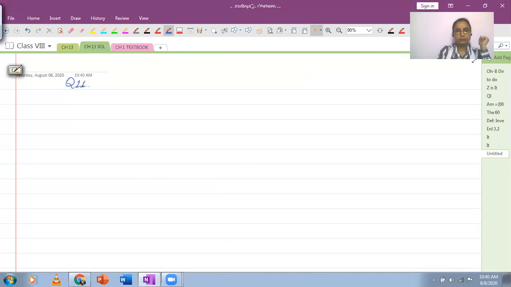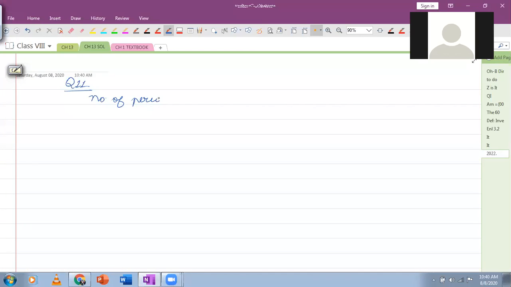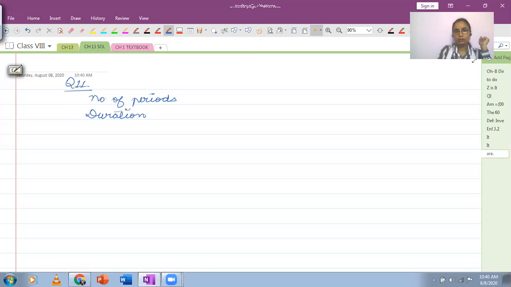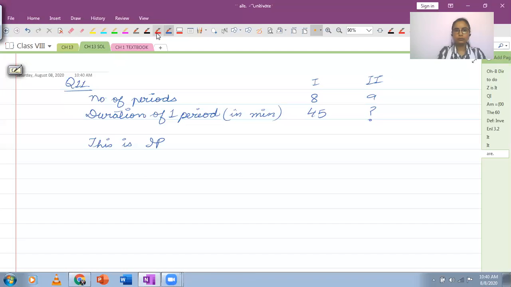Let's make the table. So we have the number of periods and the duration of each period, in minutes. In the first case, we have 8 periods, the time is 45 minutes, and we want to increase the number of periods. We want to find out how long one period would be. Let's represent this as x.